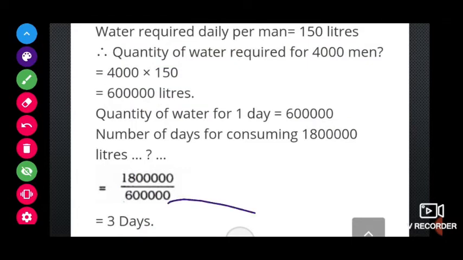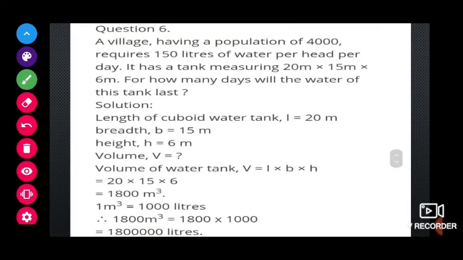See again, one more time. Here a village has 4,000 people and each head requires 150 liters of water per day. So if I have a tank with this length, width and height, and it is full of water, how many days will it last?